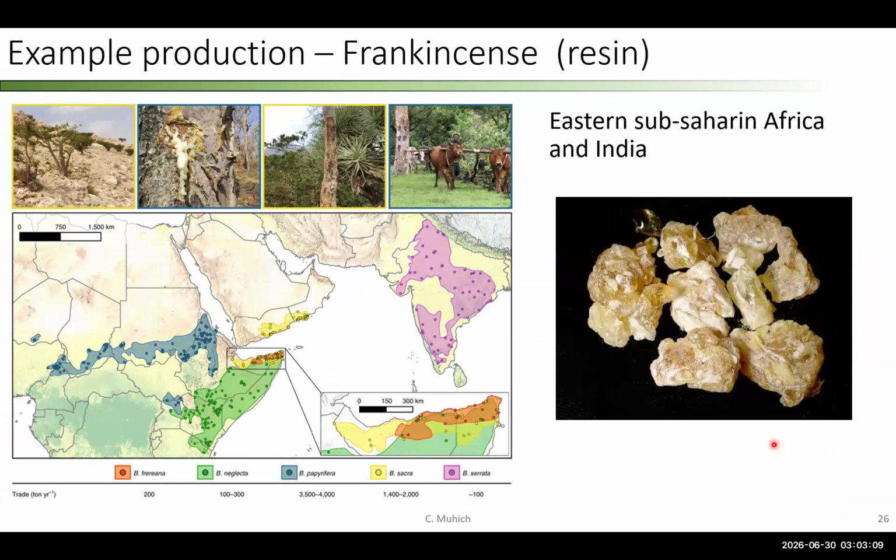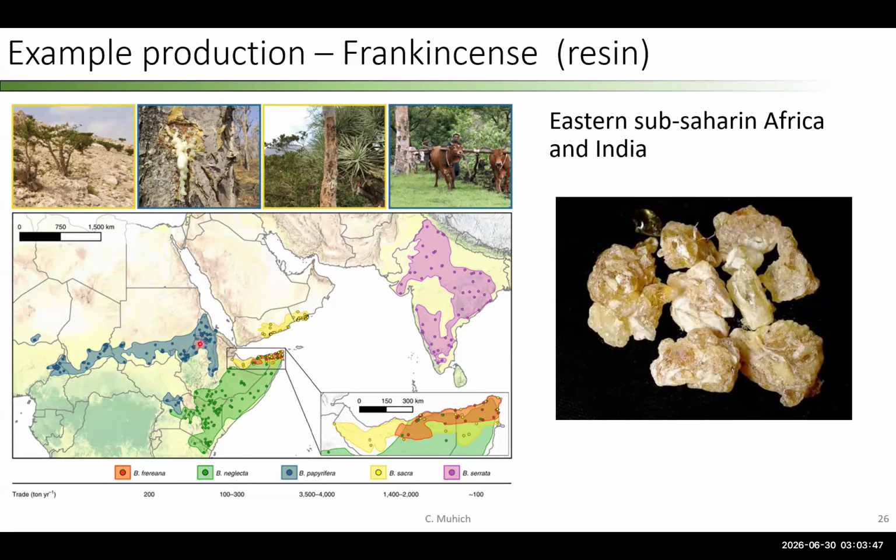And we can also think about the growing of things which are not necessarily one single species. So we're going to go back to frankincense here. Frankincense is the resin of these trees. When there's a wound, the tree exudes this resinous sap that works to try to heal the plant. And after it's healed and dried, harvesters come along and pry it off to make these nuggets and sell that frankincense.